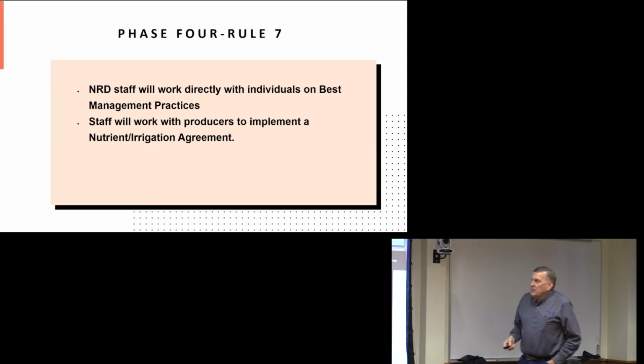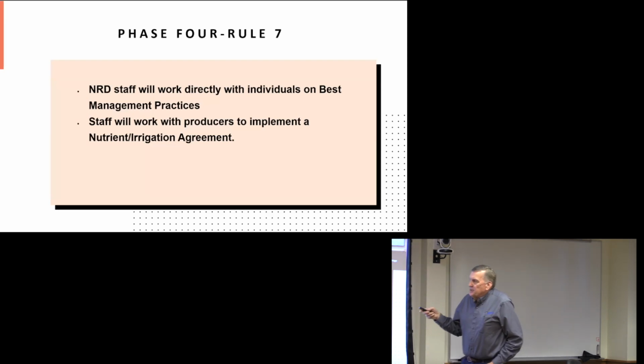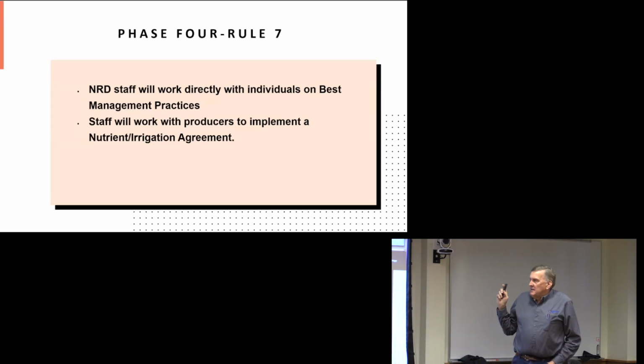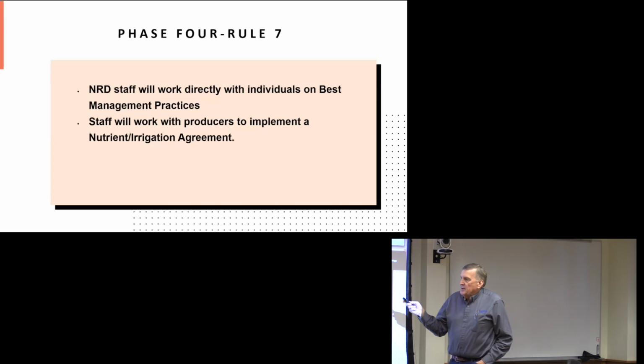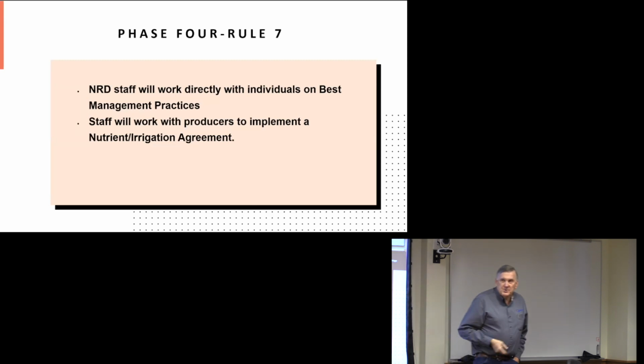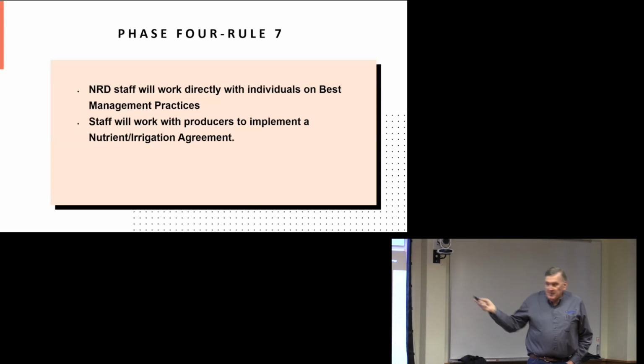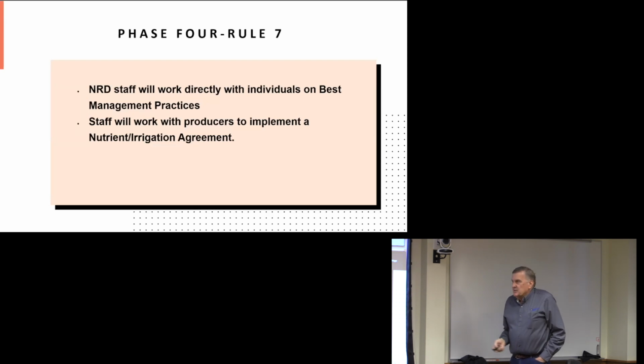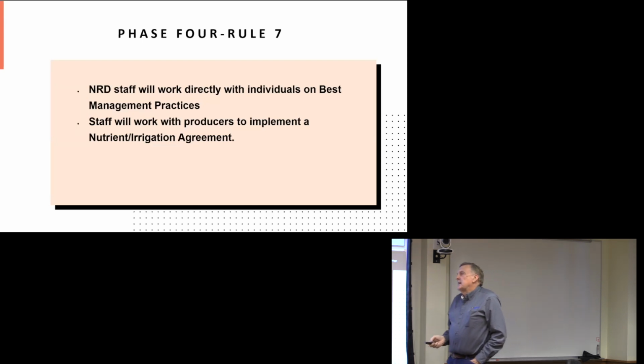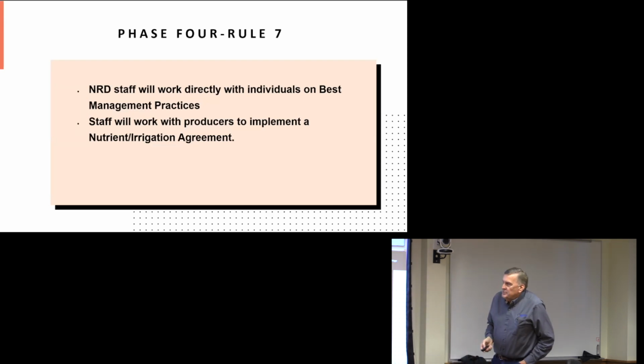And then we're going to try to work in the nutrient irrigation agreement. The nitrogen reduction program really came out at a good time. When I went up there talking to producers, we had a lot of people who signed up for the nitrogen reduction program, and that could be the agreement as we go through. So that was kind of luck of the draw there. Not saying it was, but we worked through it.